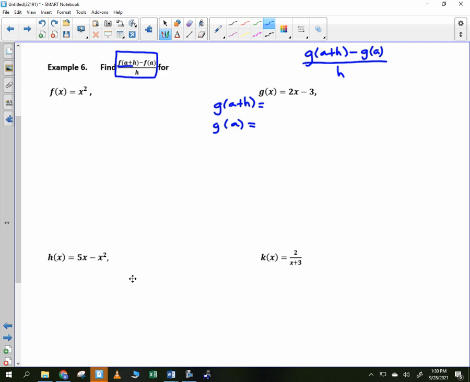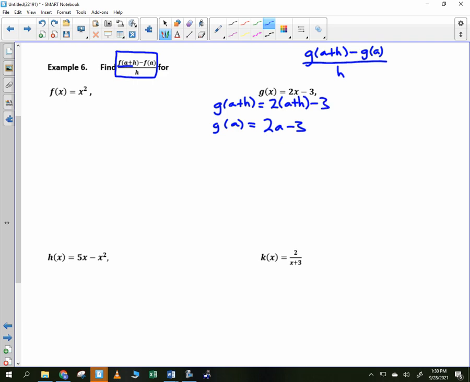So if g of x is 2x minus 3, then what is g of a? 2a minus 3. I plug in the a where the x is. You take the a, you put it where the x is. What would be g of a plus h? 2a plus 2a.